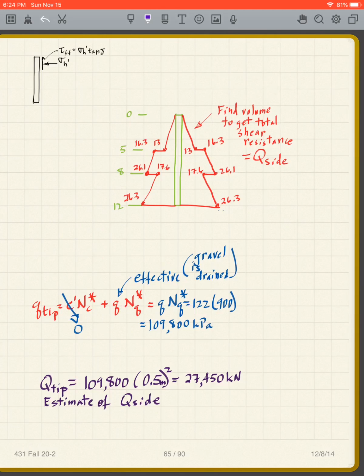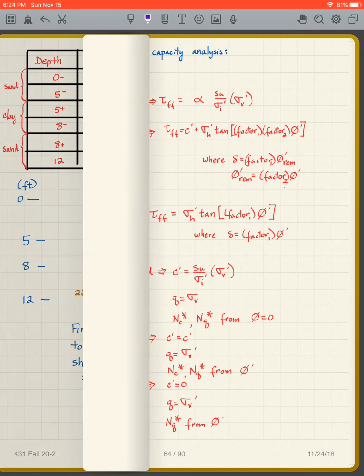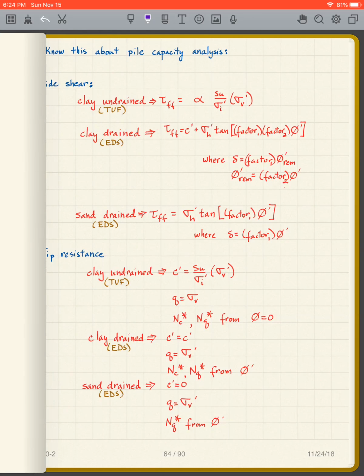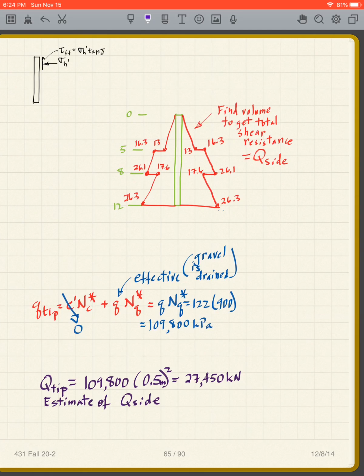Where does it come from? Well, we've calculated the effective stress at that depth right there. At 12 meters, we got the sigma V prime. So we're going to use this for our Q and NQ star. So we've already calculated it, so that's nice. So we have the 122 there.